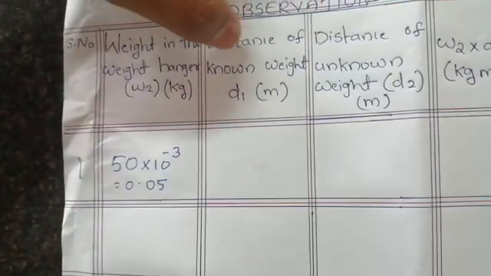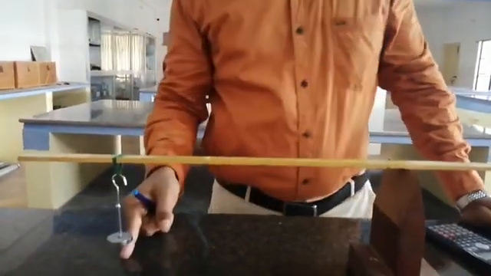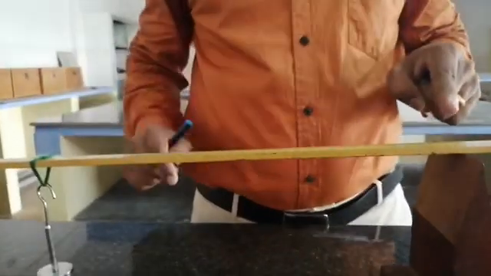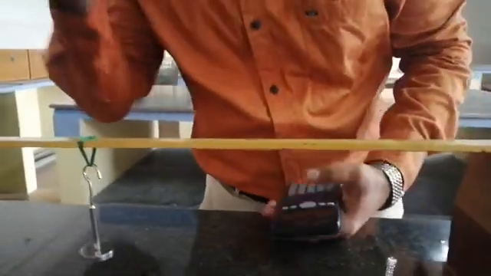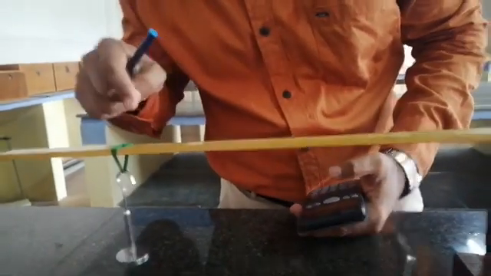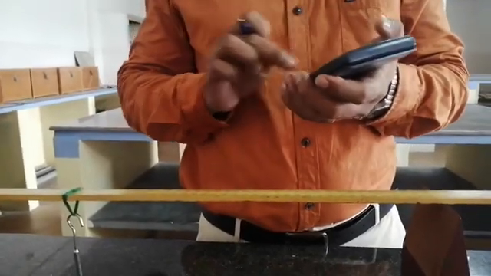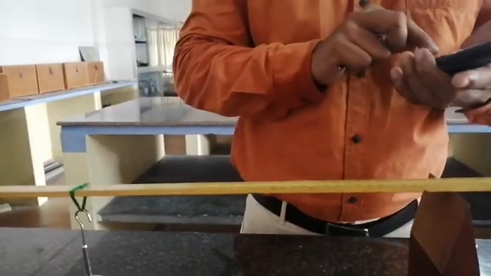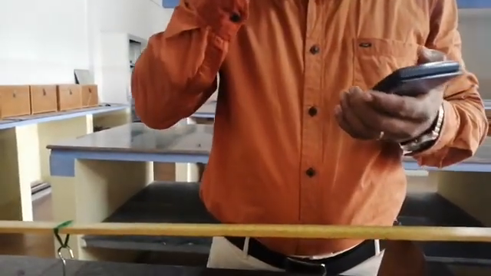Next one, distance of non-weight. You can see this is your non-weight. Distance of non-weight means from the point of rotation to this distance. Point of rotation already we fixed 51.7. This one now it is coming 87.8. So what is the distance? 87.8 minus 51.7, answer 36.1.